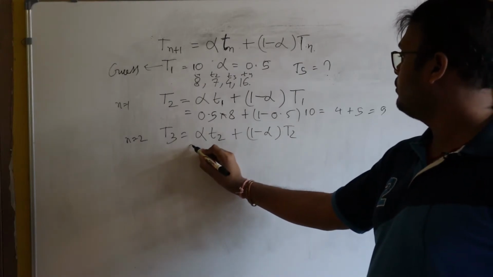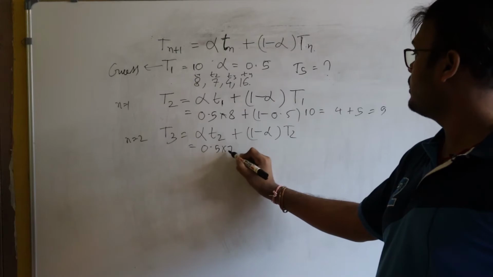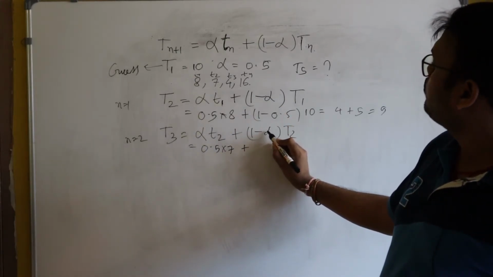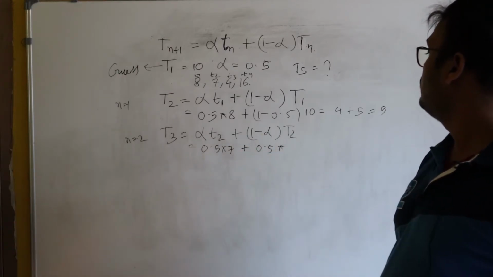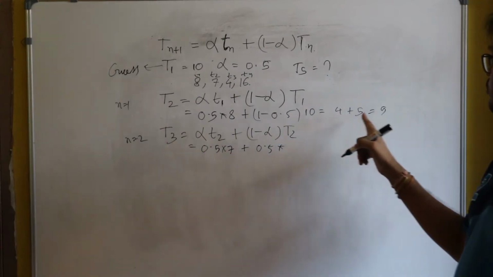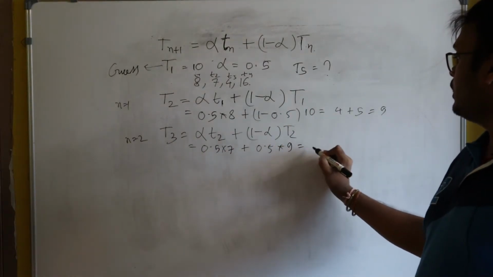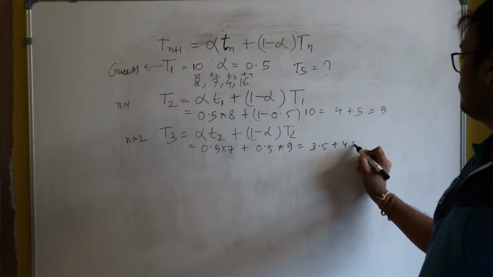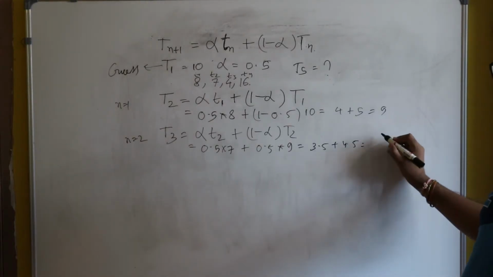Here it will be 0.5 into small t2, which is 7, plus 1 minus 0.5, that is 0.5 into capital T2. We found the value of capital T2 as 9. Then it will be 3.5 plus 4.5, which is 8.